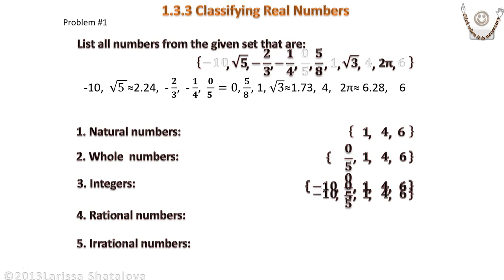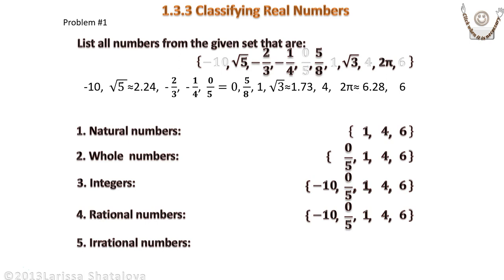And then we are moving towards rational numbers. Rational numbers. To the previous set, we have to add positive and negative fractions. Negative 2 over 3, negative 1 over 4, and 5/8.